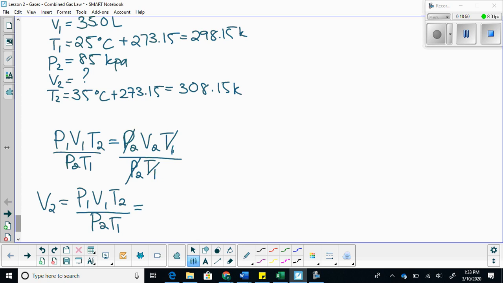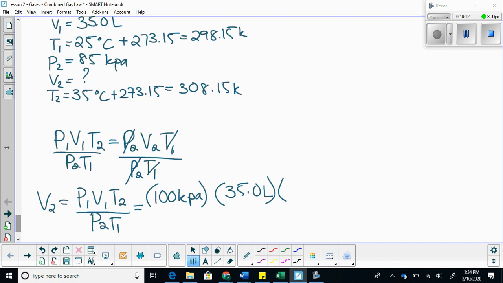Okay, let's plug the values in. My P1 was 100 kilopascals, multiplied by 35 liters. This is where the biggest mistake is made. It says that you need T2 there. A lot of you will sub in T1.